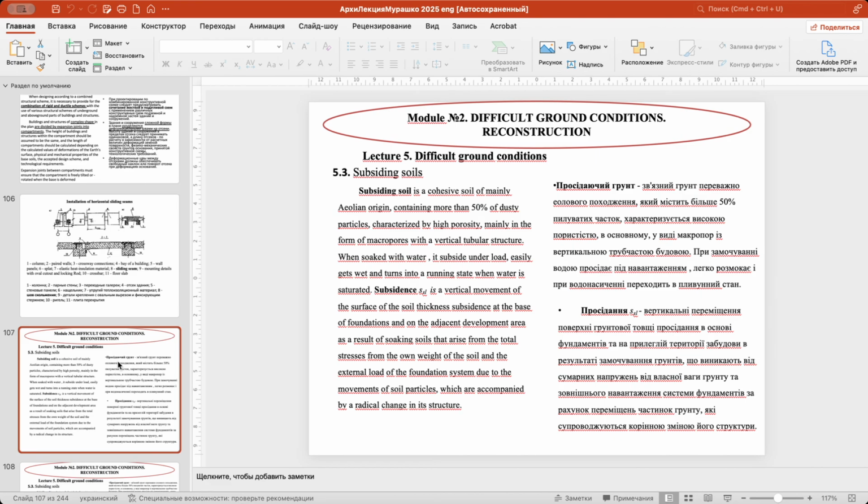And when we are designing on such territory, we can use three main design solutions.